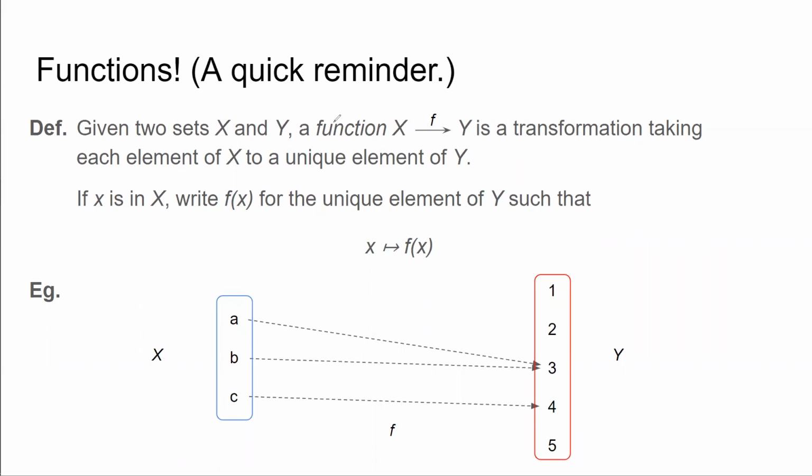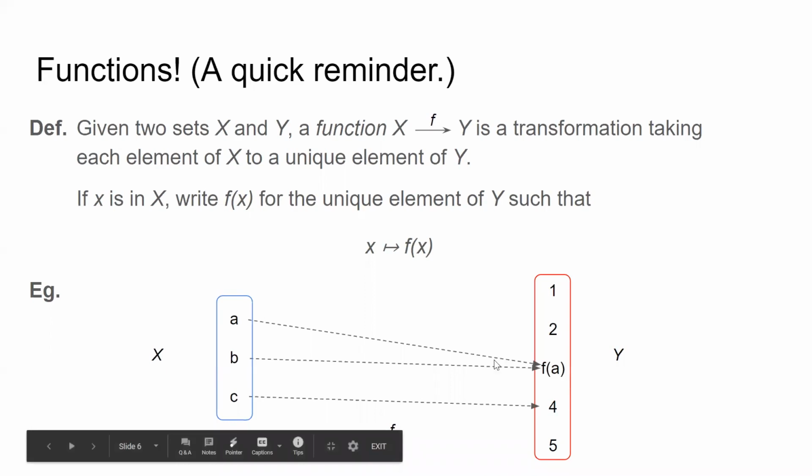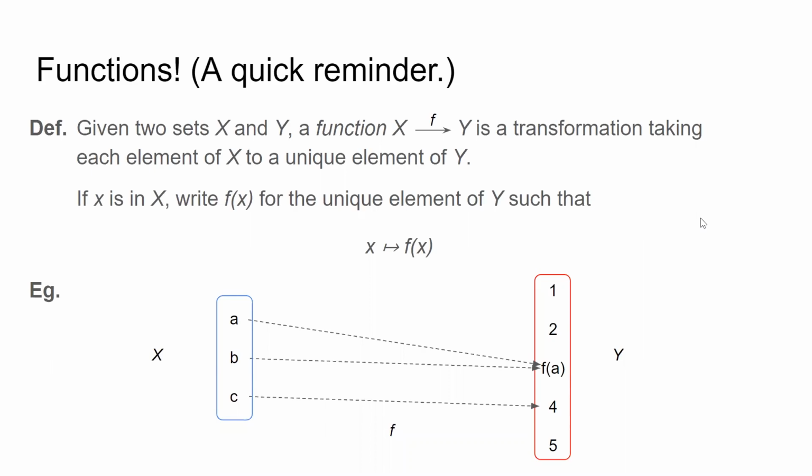If A was somehow sent both to 3 and 2, this would not be a function, but it isn't. It's only sent to 3. And so we call 3 f of A, and this is well defined. You might notice that B also gets sent to 3. So 3 is also f of B. And similarly, 4 is f of C.